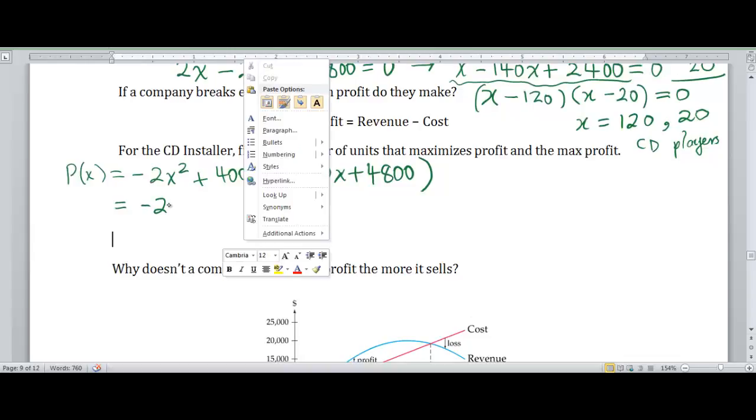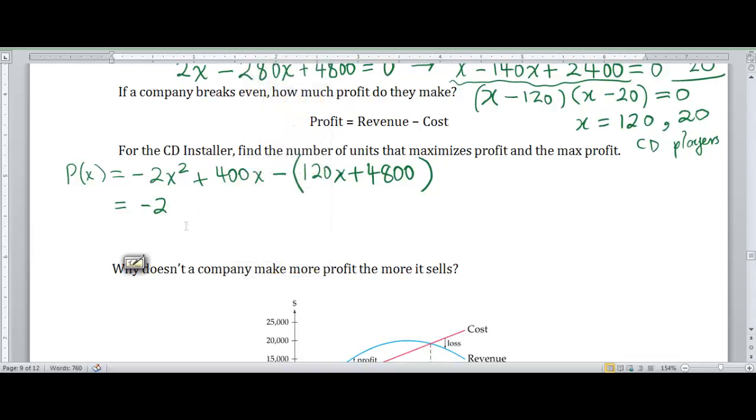Okay, so minus 2x squared plus 400x, and then we want to distribute the negative, and then minus 4800.